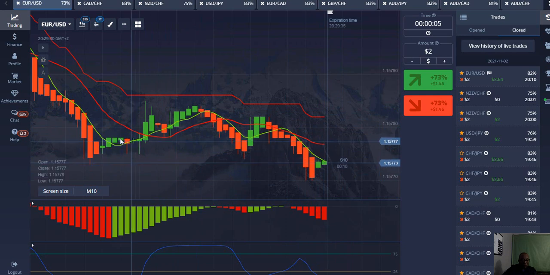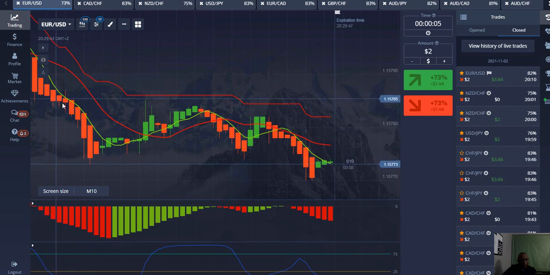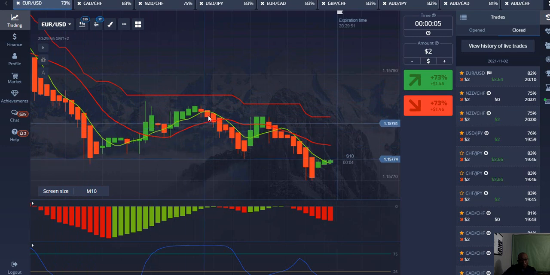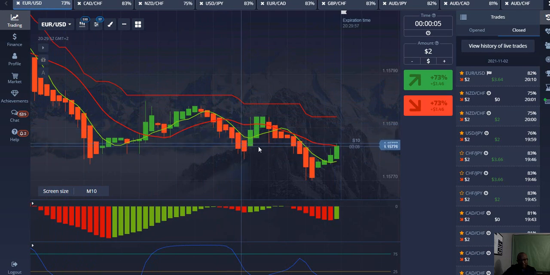They don't look like they know which way they're going. You want to take trades on candles that have flat tops. Okay? If at all possible. You notice all your flat top candles are giving you the momentum to pretty much stay in for 5 seconds and win in most of the cases.